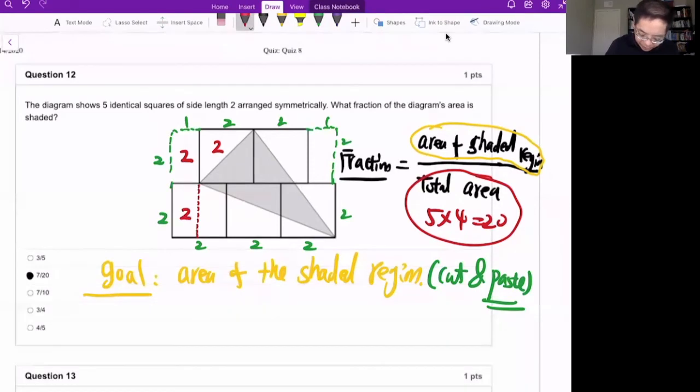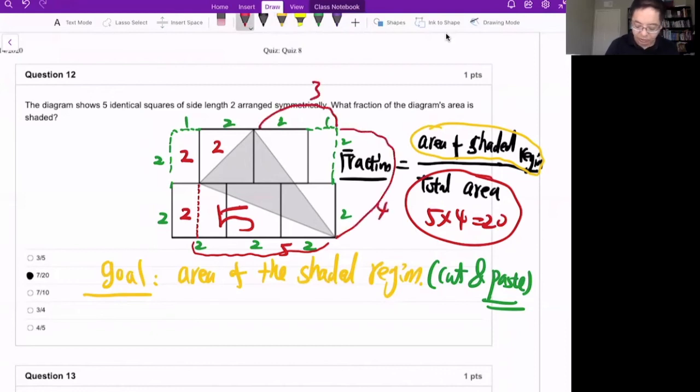Here I have 5, so 5 times 2 divided by 2 is just 5. And here I have this side, which is 3, and this is 4. So 3 times 4 divided by 2, so this part is 6.